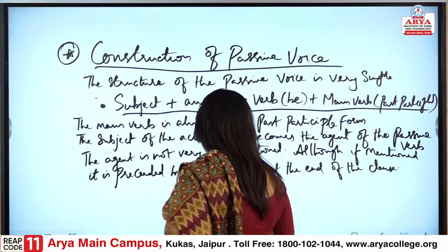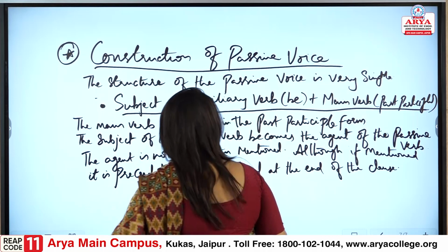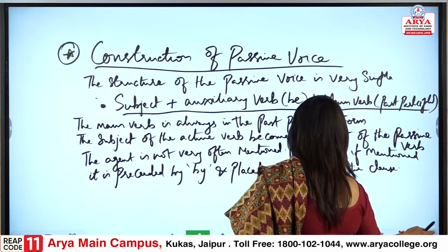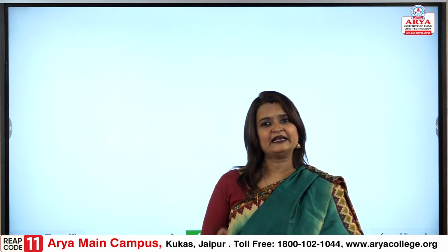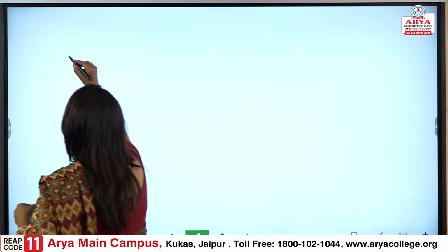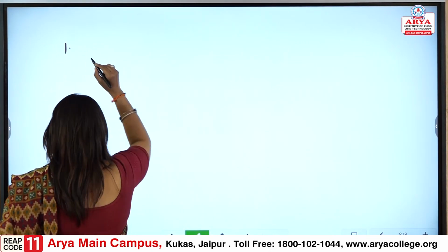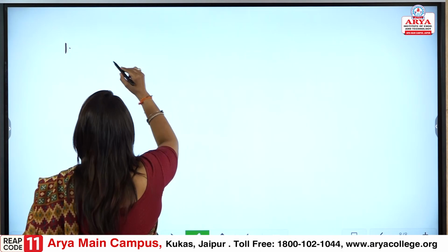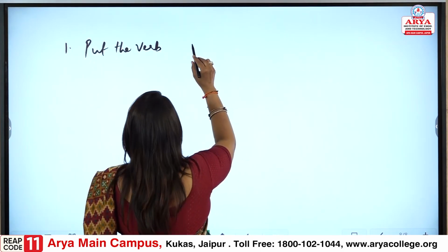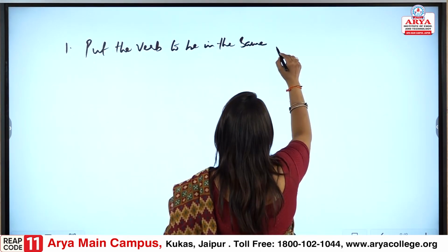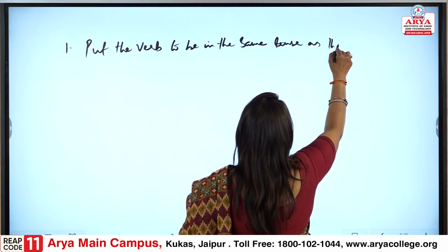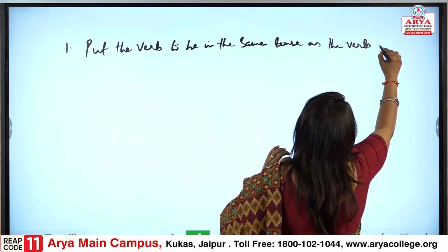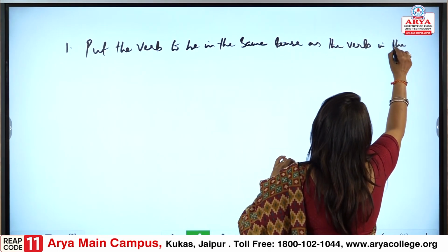Next, let us remember 2 points, so that we have a better understanding and no confusion. Let me tell you both the points. The first point is: put the verb to be in the same tense as the verb in the active sentence.